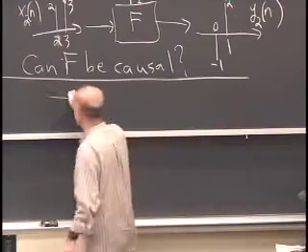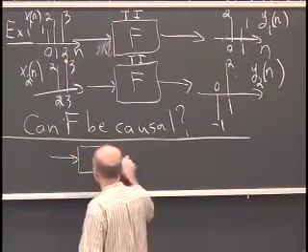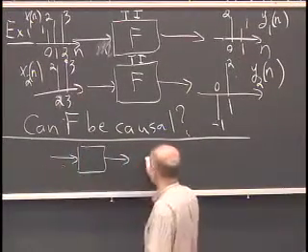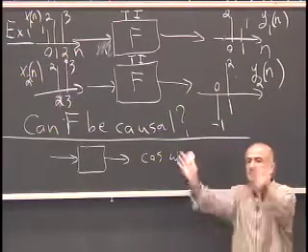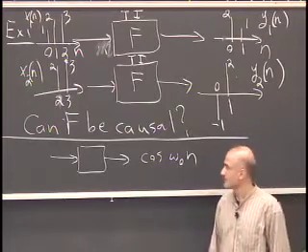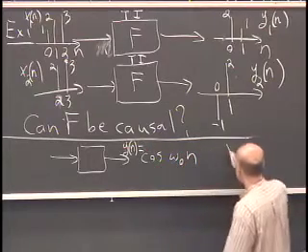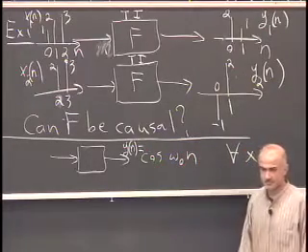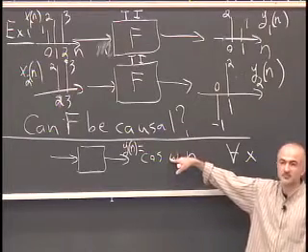Because here's the deal. I give you a system that no matter what you give it, produces cosine omega naught n at the output. Whatever you give it, it produces this. Right? y of n equals cosine omega naught n for all x. This is a perfectly causal system.